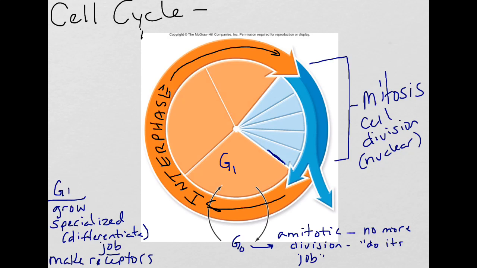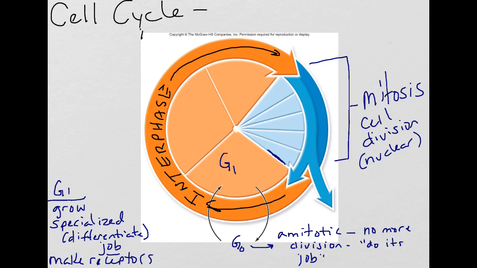Now you see this arrow going back in. So occasionally cells can come out of G0 and go back into G1 if they get the proper signaling. But most of the time, as we understand, if the cell's over there in G0, then it's doing its job. Okay, and it'll do its job until it dies.